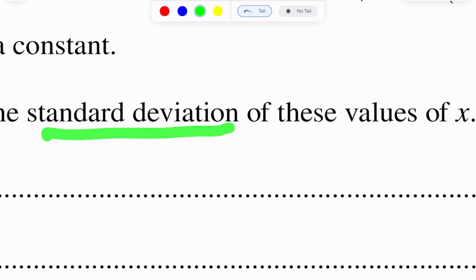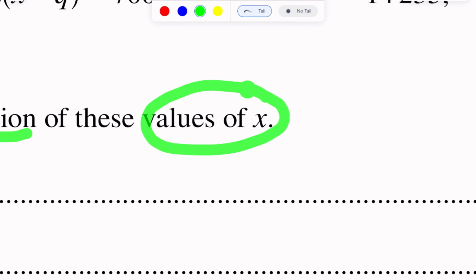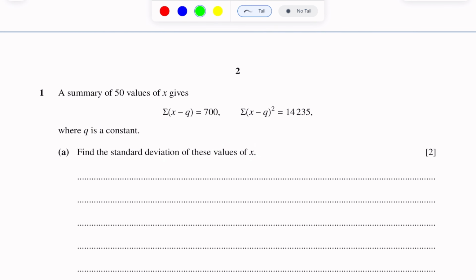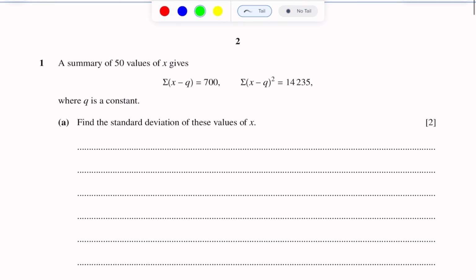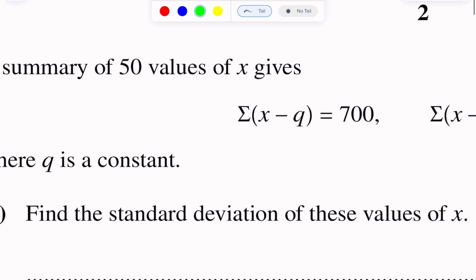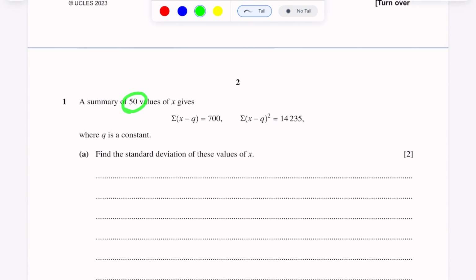Find the standard deviation of these values of x. We will solve this question by a substitution. A suitable substitution will be used in this question. The number of observations in this question is 50.